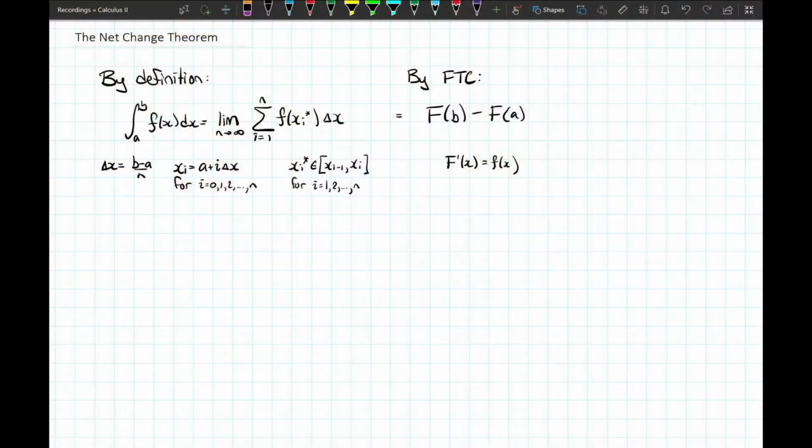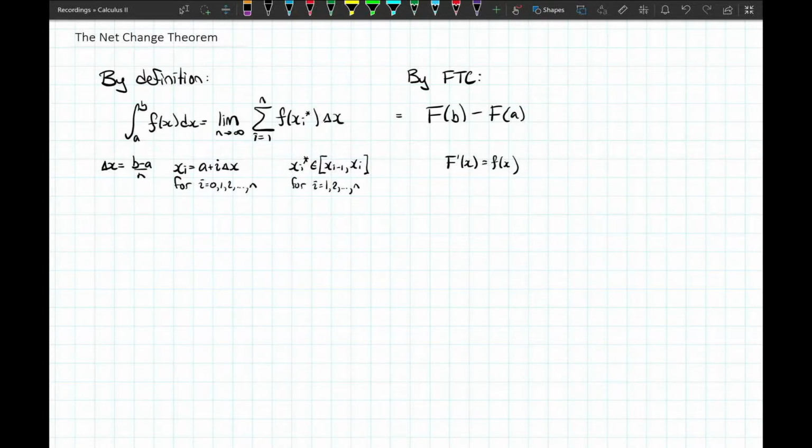So remember, by definition, the definite integral of a function f from a to b is equal to the limit as n goes to infinity of this Riemann sum, the sum from i equals 1 to n of f of xi star times delta x. Remember, delta x can be calculated as b minus a, our interval width, divided into n equal subintervals.